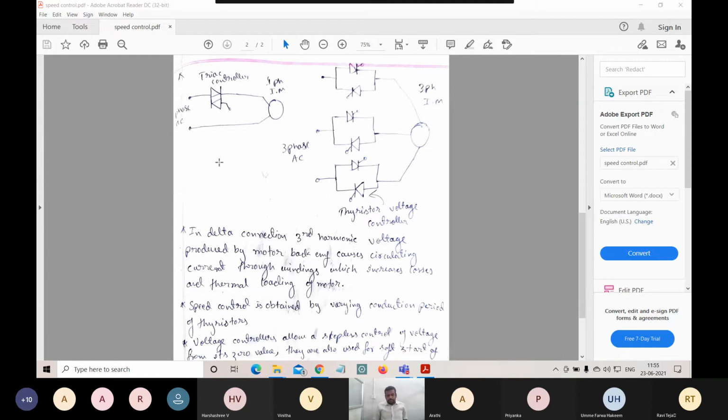what happens? The efficiency of the motor decreases, and also our equipment.